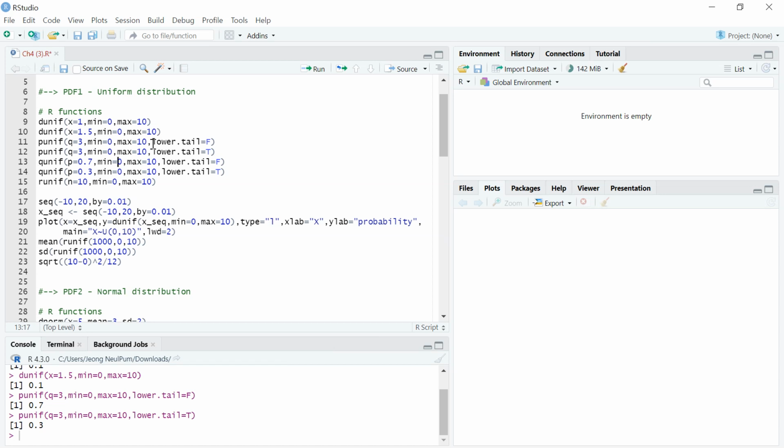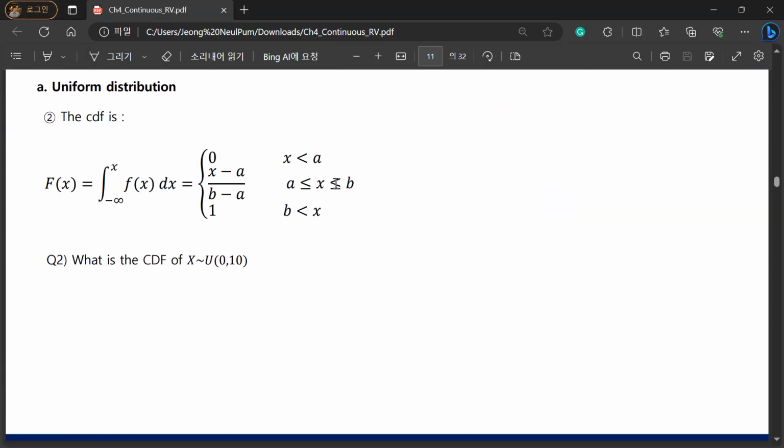And as I already explained last week, the lower tail option means the direction. When you want to refer to the CDF value, it usually means the probability that our random variable X is less than or equal to our target value small x.